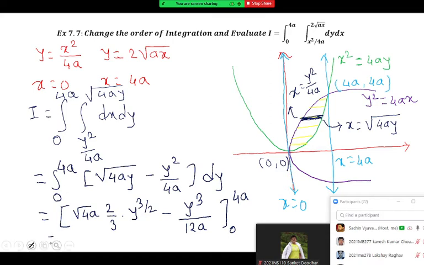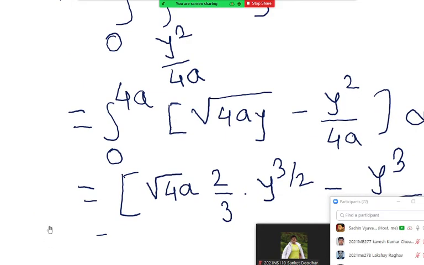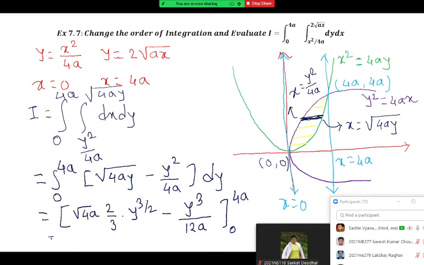When you put the upper limit, it becomes 2 by 3 into 4a square only, minus 4a cube divided by 12a. You have to simplify this and tell me the answer.